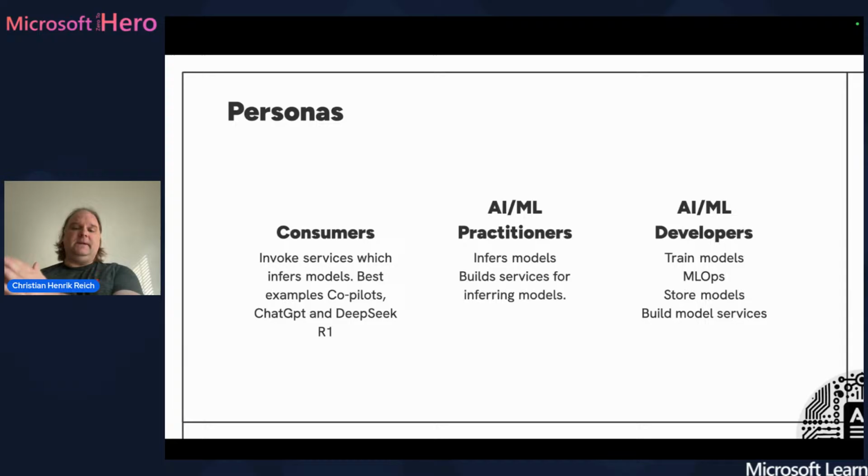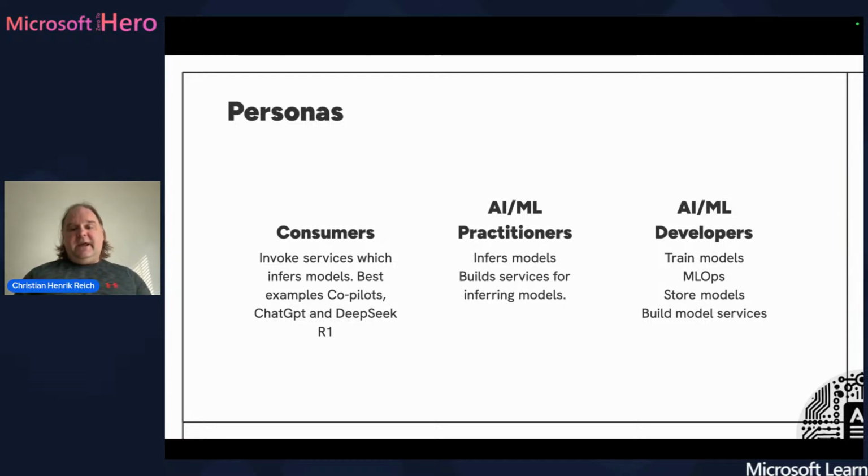And then we have the AI ML practitioners who are using AI services or models to build applications or services for the consumers. And then in the back, we have the AI ML developers who are training models, who are building the models and do all the machine learning and the AI building and so forth.